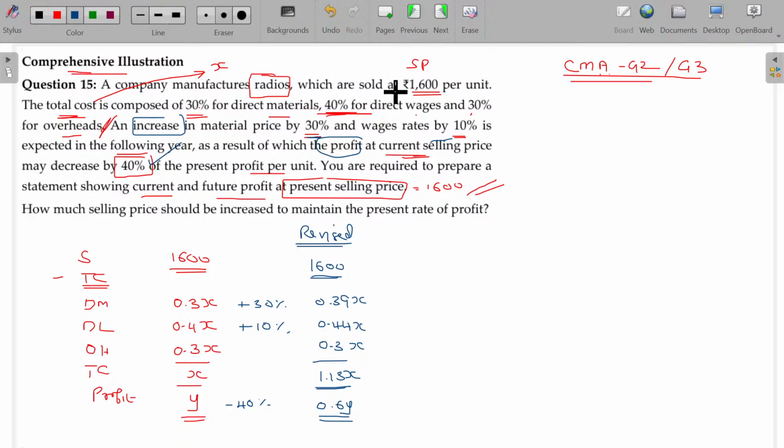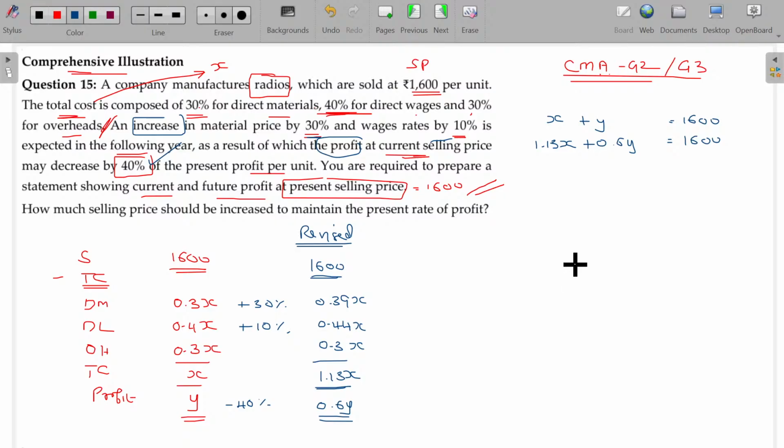X plus y in the original scenario is 1600. In the revised scenario, x becomes 1.13x total cost and profit being 0.6y, which is equivalent to the same selling price. Selling price remains the same.